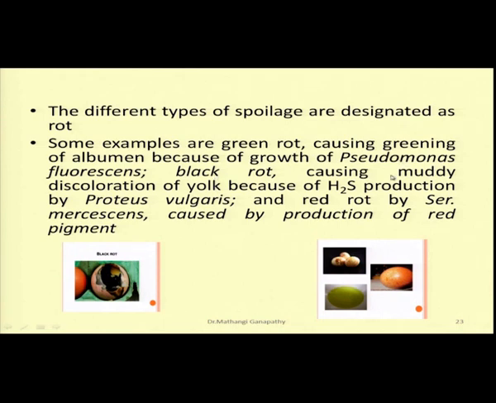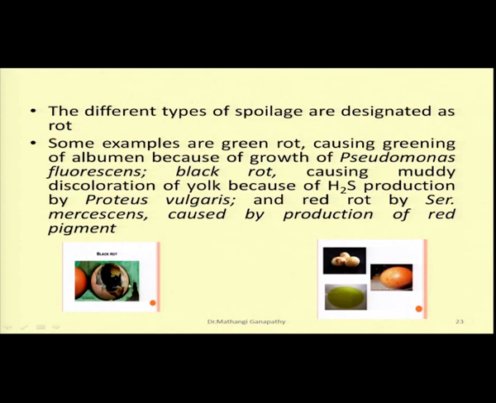The black rot produces muddy discoloration of the yolk. So, in the first case, Pseudomonas changes the color of the albumin to green. In the second case, it manifests in the protein-rich yolk mainly because of hydrogen sulfide production by Proteus vulgaris. Then you have the red rot by Serratia marcescens caused by the production of red pigment.